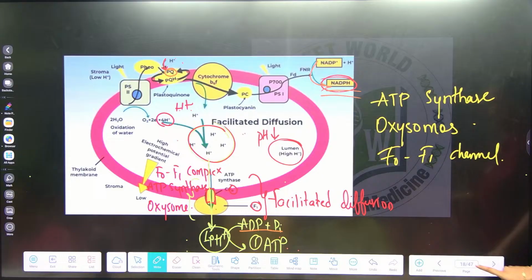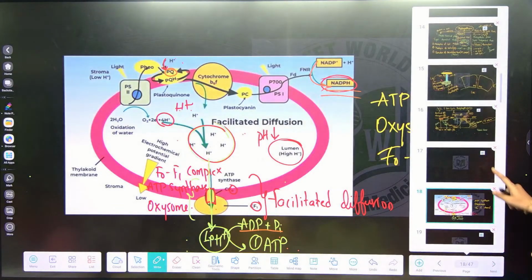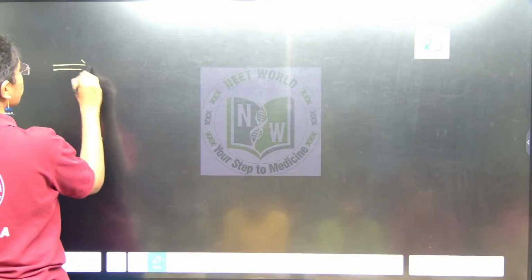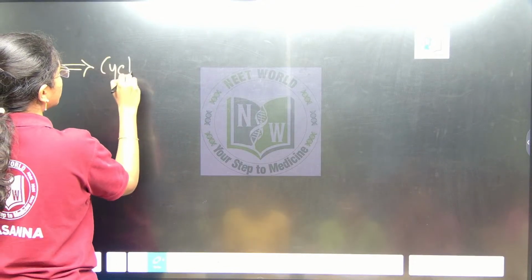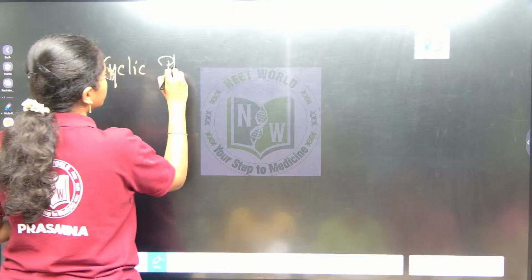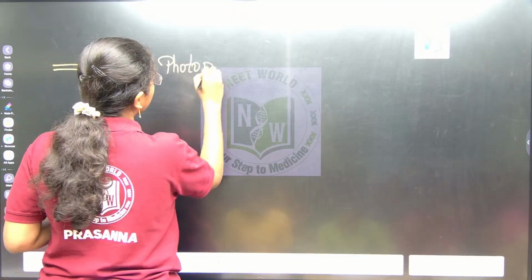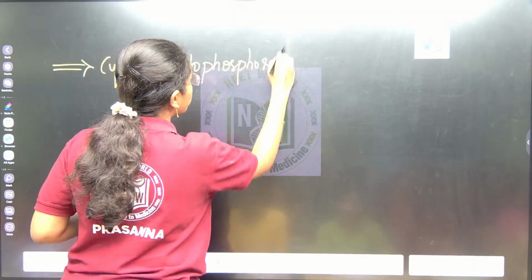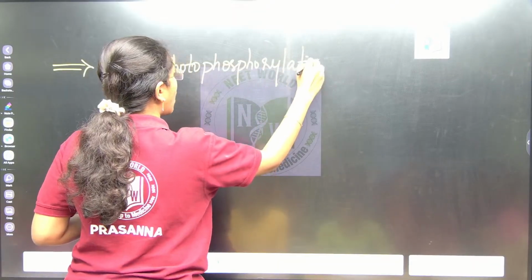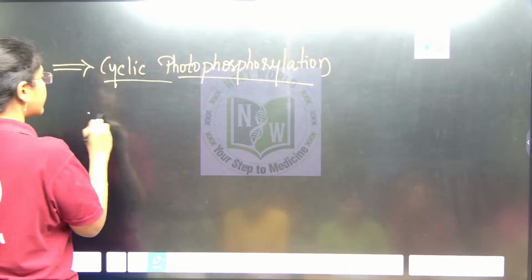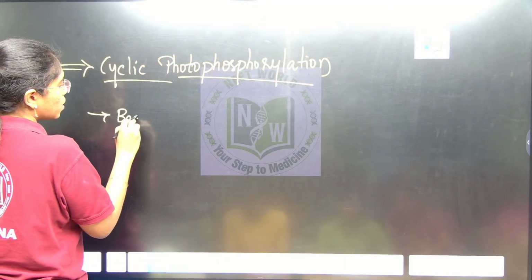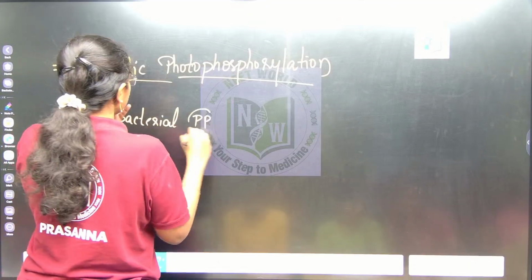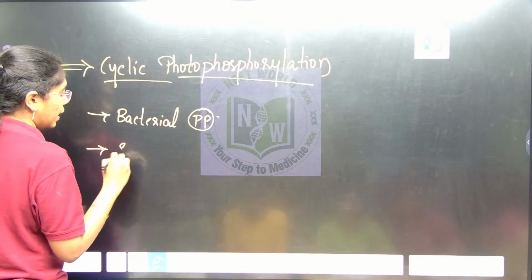Fine, right? Now we will once look into cyclic photophosphorylation. Occurs where? In bacterial photosynthesis, in stroma lamellae.